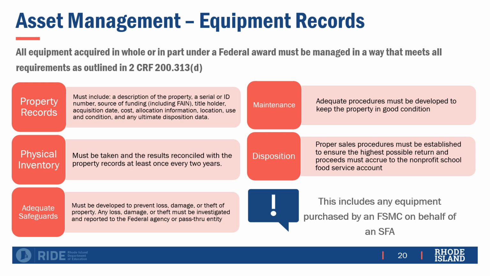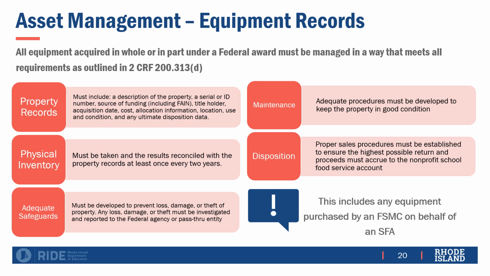Asset management standards include the following requirements: maintenance of property records, which includes a description of the property, a serial or ID number, source of funding, including the federal award identification number, title holder, acquisition cost, allocation information, location, use and condition, and any ultimate disposition data.